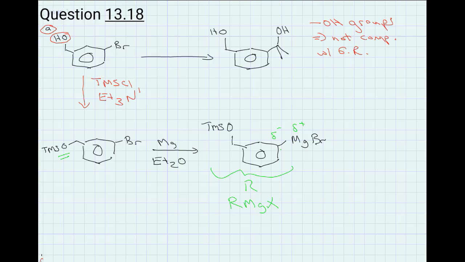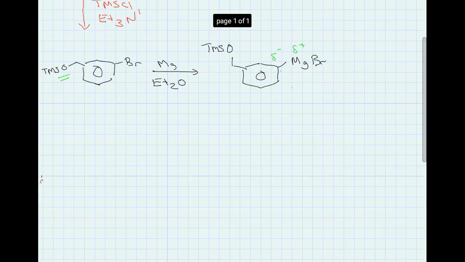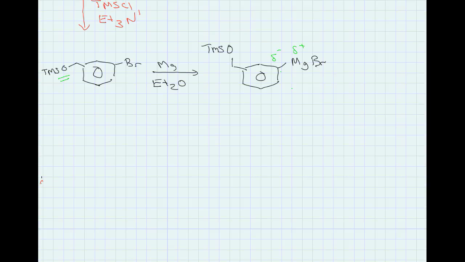So what's going to happen next? Let me just erase this so I have some more room to work. Here we go. What's going to happen next is we're going to take our Grignard reagent with our protected alcohol, and we are going to react that with a ketone. And the ketone we're going to treat it with is this ketone here.